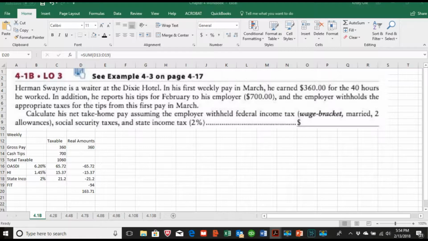Oops. Let's drop that over there. So as you can see, using the tax tables, it tells you the exact amount that you need to withhold. And it's for a range of amount for the wage bracket method.